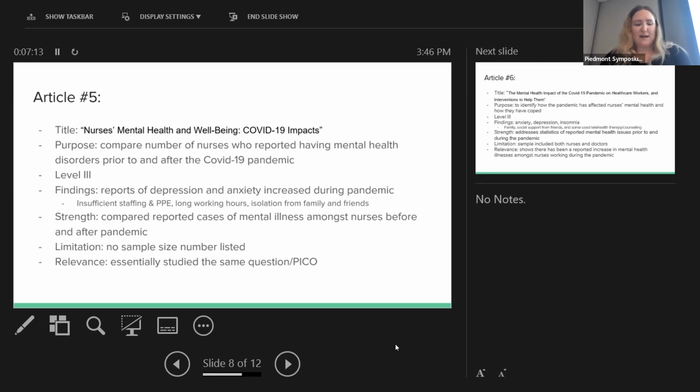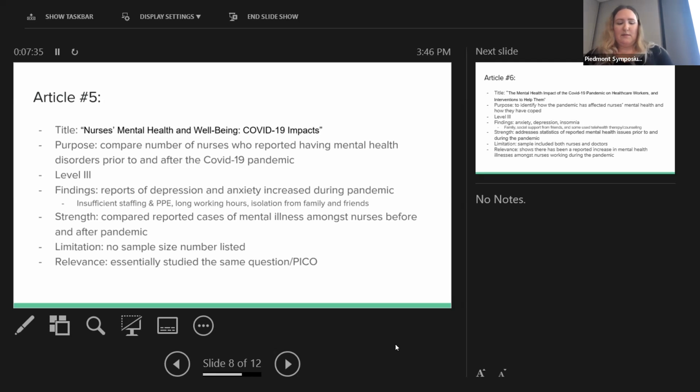So article number 5, this one essentially was doing the same. They were really just trying to look at what mental health issues or illnesses nurses were reporting, and then it also looked at those contributing factors. They did this by sampling a group of nurses from the Canadian Federation of Nurses Union, who were all surveyed.